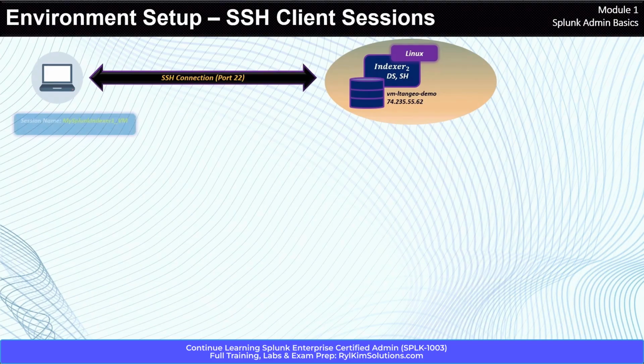So basically here, we are going to create a session name. When we establish our connection for our first indexer, we are going to be using the session name mysplunk-indexer1_VM. That is the session name that I have been using. But of course, you can give a different session name, or if you want to follow exactly what I did, the exercises may be easier for you to understand.